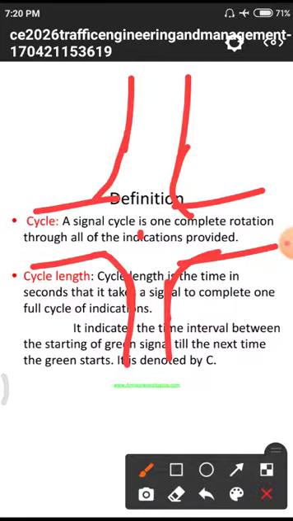That means here we are having totally 4 roads: first road, second road, third road and fourth road. So for a particular section we are having 4 roads. We will have to give preference to the first one, after that the second one, after that the third one, after that the fourth one. Here we are completing one cycle.